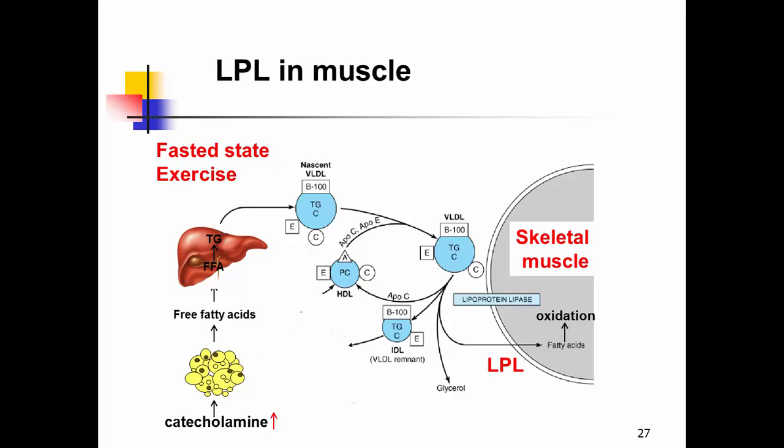And these fatty acids initially come from triglyceride lipolysis in the adipose tissue. In the fasting condition, catecholamine levels like epinephrine increase and stimulate lipolysis, the breakdown of triglyceride to fatty acids.